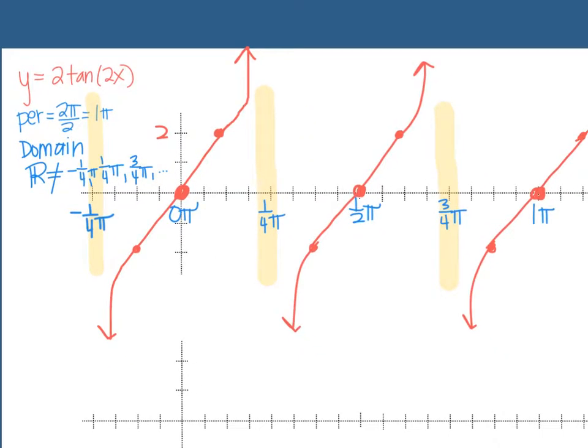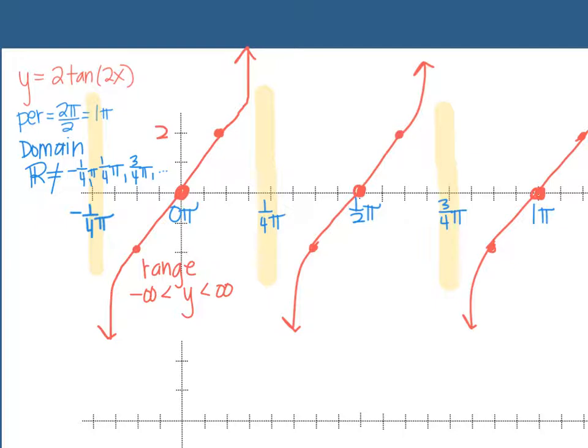Now you remember how yesterday we had range of upper and lower range? Okay, we've got ranges of each piece. So let's do the range of the first piece. What's the lowest value of the first piece? -infinity. What's the highest value of the first piece? +infinity. So the range here is going to be -infinity, less than y, less than infinity. No equal to bar. What about the next piece? You get all the numbers too, right?